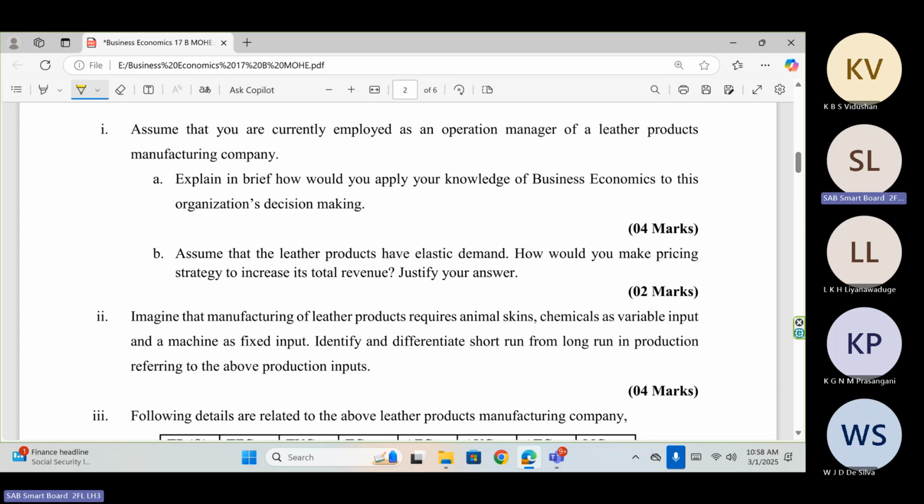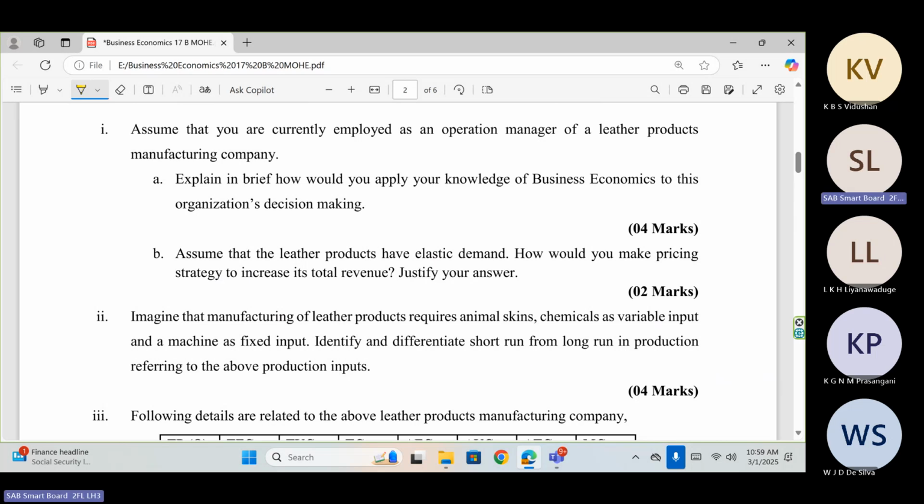Short run and long run in the theory of production. In long run and short run, you are deciding whether it is short run or long run based on what? Not the number of years, but the variability of inputs.